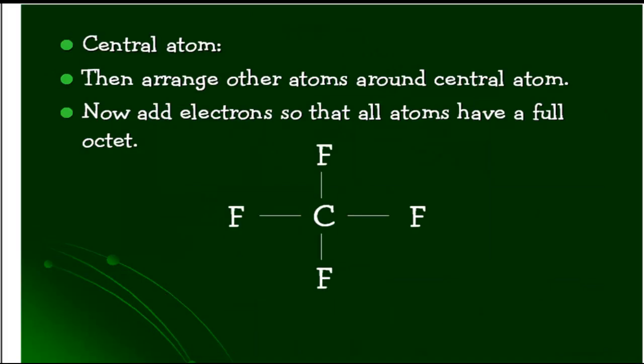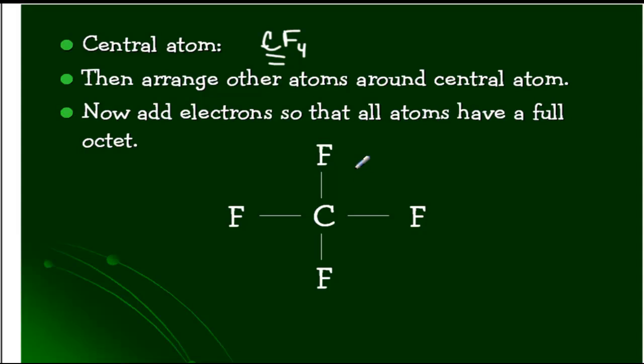So now we're going to follow the rest of our steps. Our central atom is carbon, because if our formula is CF4, carbon is the single atom. Then we're going to arrange the atoms around our central atom. So we're going to put our 4 fluorines around there. Now remember that each of these lines is 2 electrons. And then we're going to add the rest of our electrons so that we can get each atom to have 8.